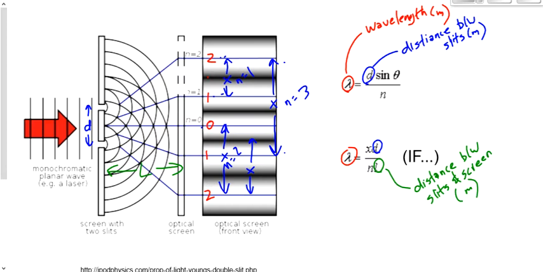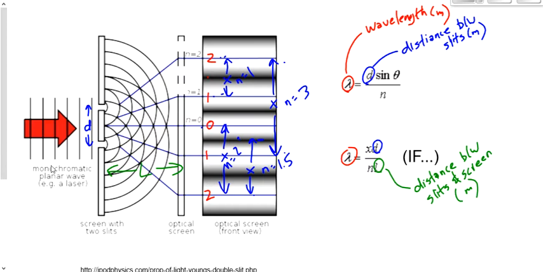This one's a little bit trickier. What do you think this one is? We're going from the first order minimum or dark spot or node to the second order antinode. Yeah? Good. N would be 1.5 there. We consider that to be 0.5 to 2 gives me 2 minus 0.5 is 1.5.